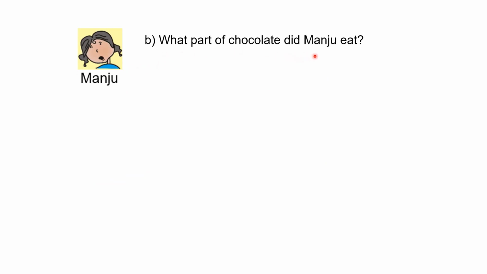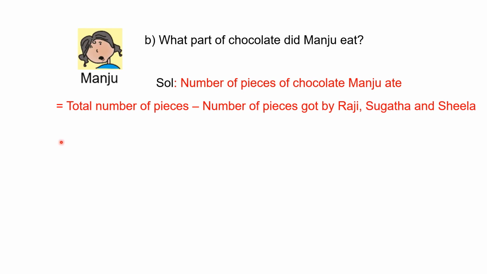What part of chocolate did Manju eat? Number of pieces of chocolate Manju ate. Total number of pieces minus number of pieces got by Raji, Sugata and Sheila together.